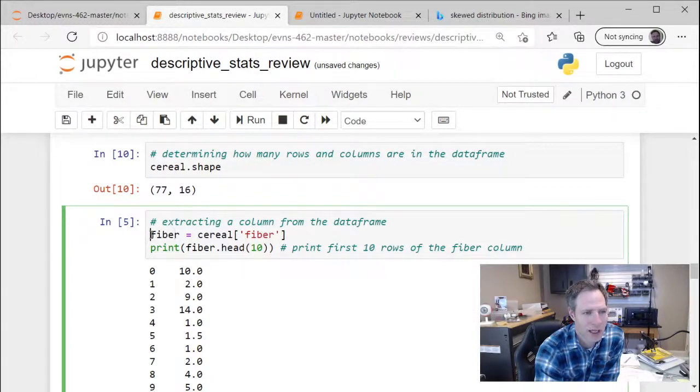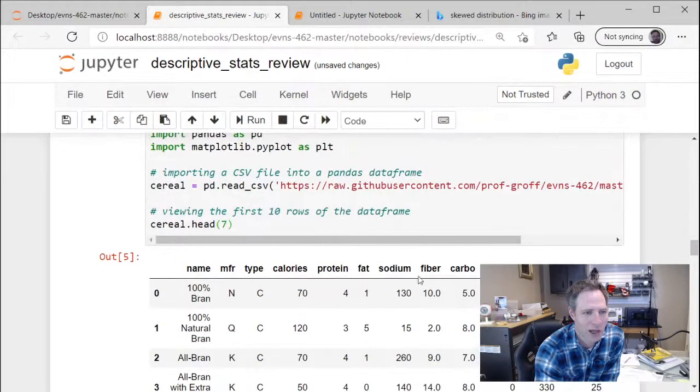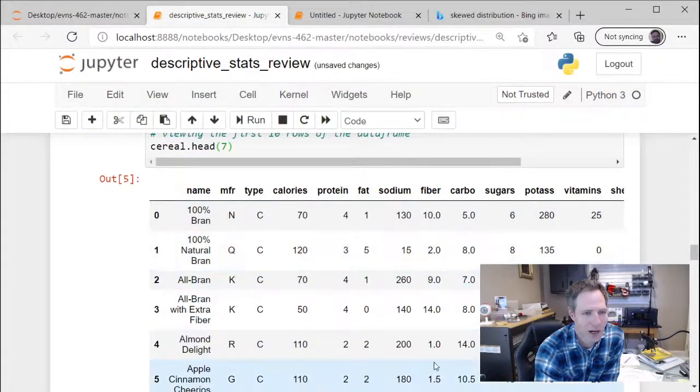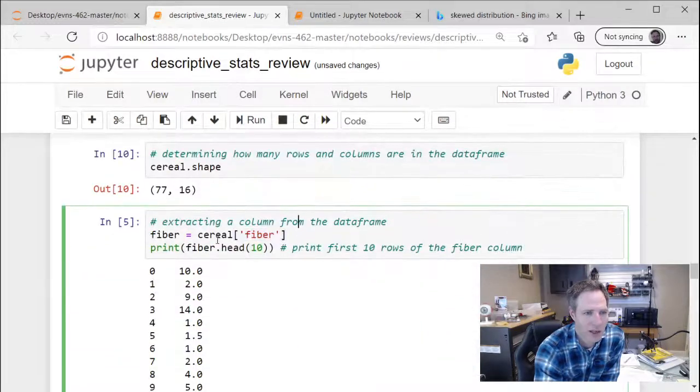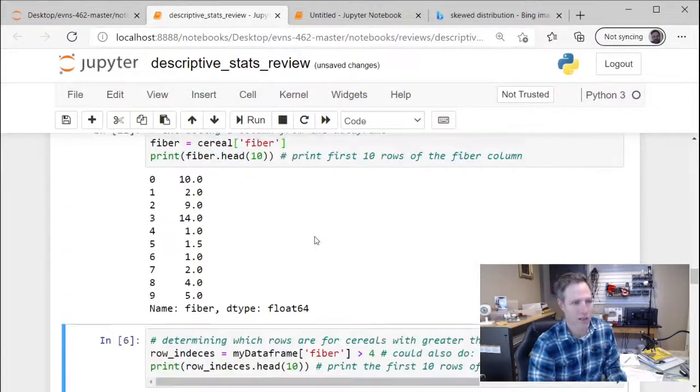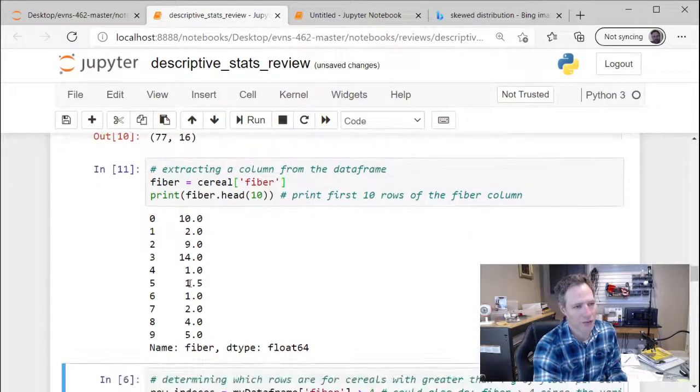Here I have to change the name again. My data frame, I called it serial up above, so I have to make that change here. One way you can do that is by referencing the column by its name. If I want to extract the data in the fiber column, I can make a call to my data frame like this. Inside of brackets, I write the name in single quotes, and then I can view that data.